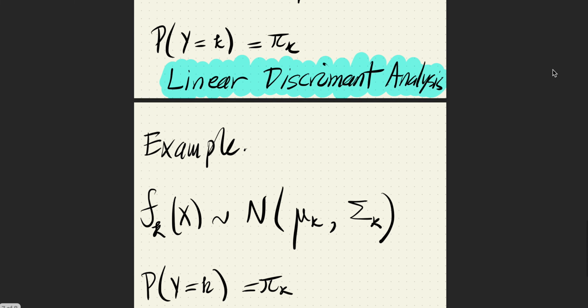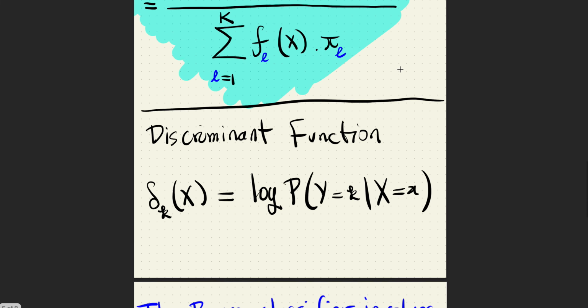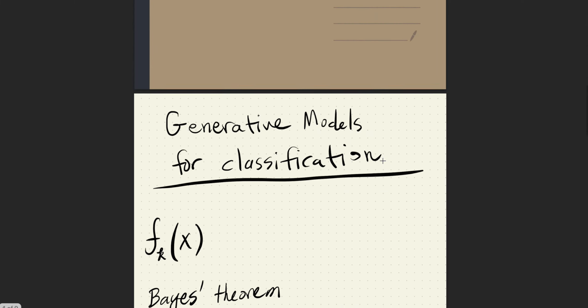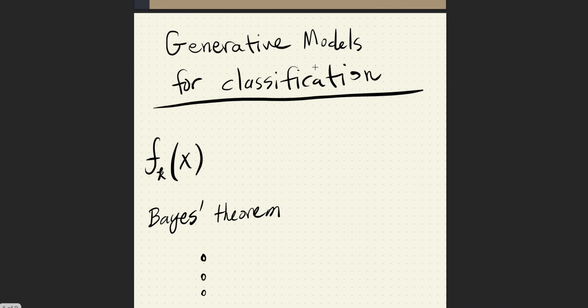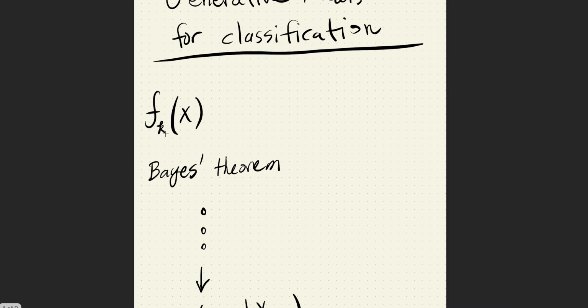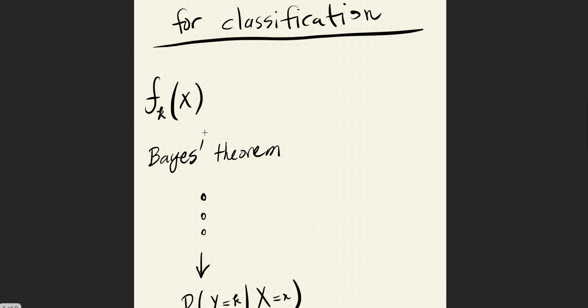So just to summarize, generative models for classification. For each class, we have a class-dependent distribution on the features.